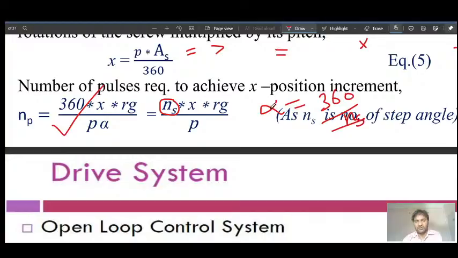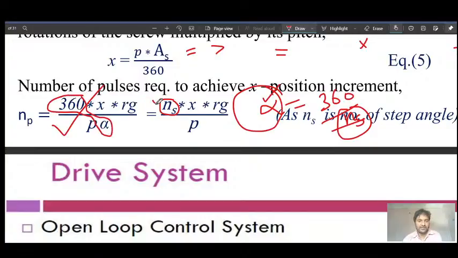That's how we have got the step angle. So to get the NS, number of steps, if we know the step angle alpha, then 360 by alpha becomes our NS, number of steps. That's how we have used this one, 360 by alpha.